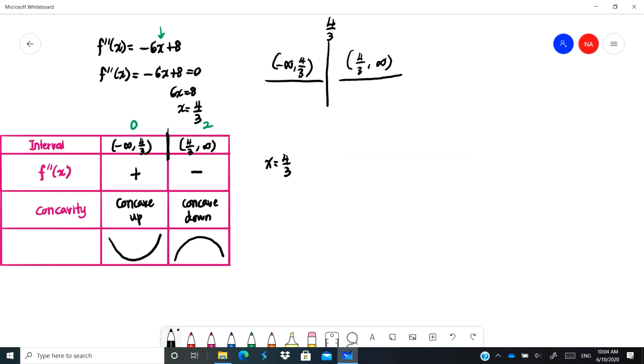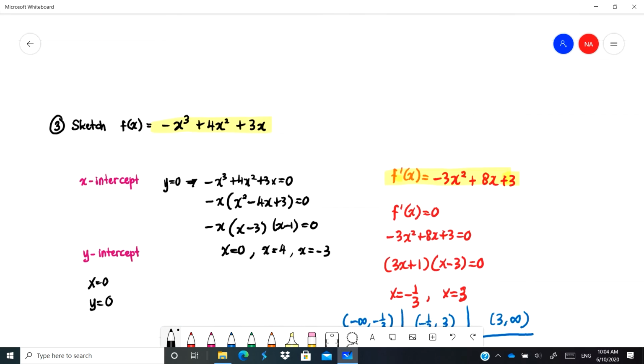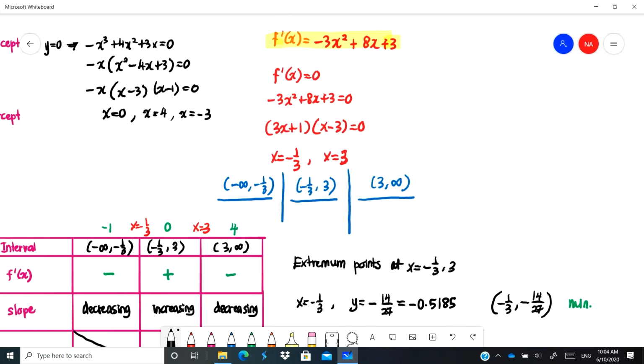when x is equal to 4/3, we're going to substitute the 4/3 into f(x). We'll just substitute the 4/3 into the function. So -(4/3) to the power of 3 plus (4/3) to the power of 2 plus 3 times 4/3.